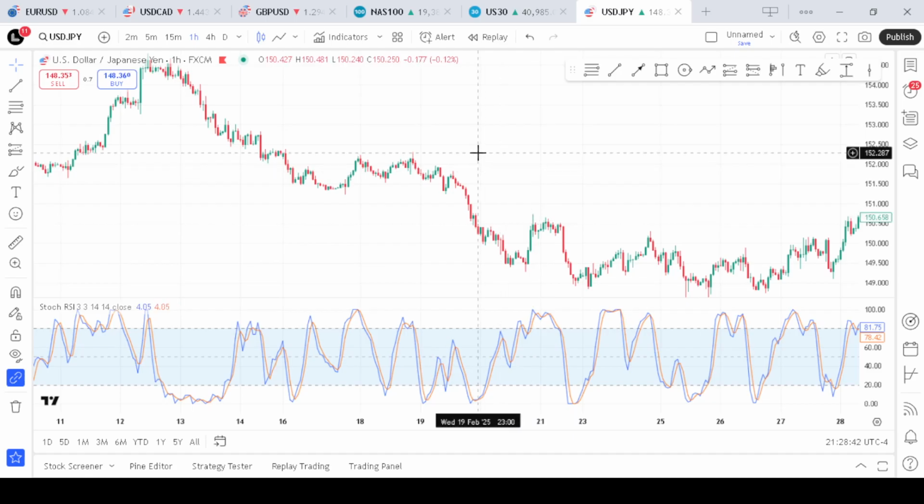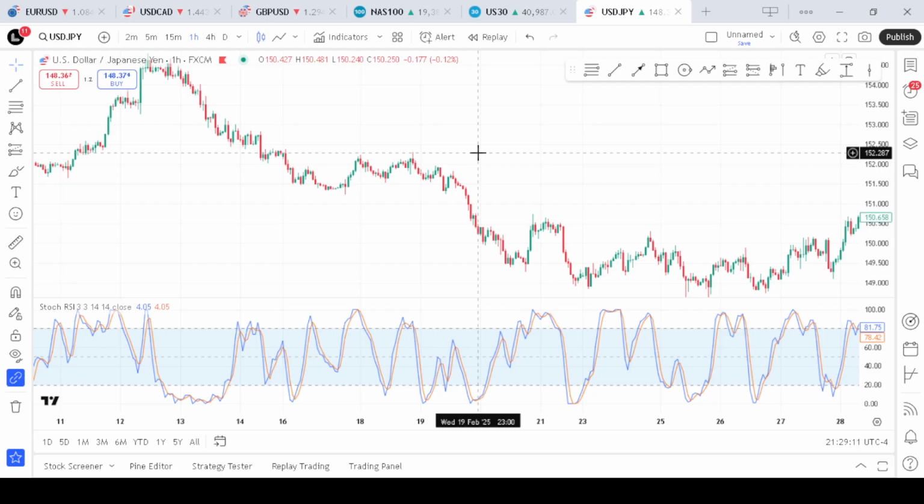Now, the stochastic RSI also excels in identifying divergence between price action and momentum. When you see price action making a new high, while the stochastic RSI indicator fails to reach a new high, this causes a bearish divergence and could signal a potential reversal to the downside.